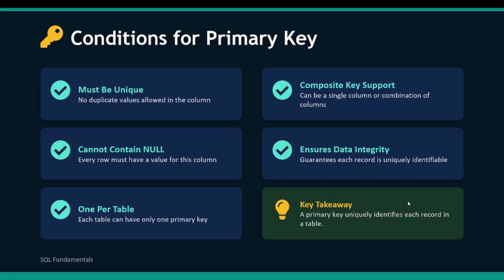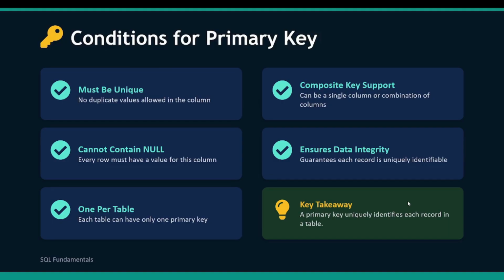Let's begin with the first question. What are the conditions for a primary key in SQL? A primary key is one of the most fundamental concepts in relational database design, and understanding its rules precisely is very important. The first and most critical condition is that a primary key must be unique.